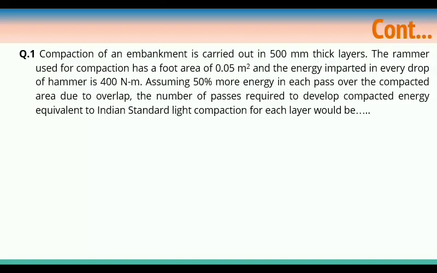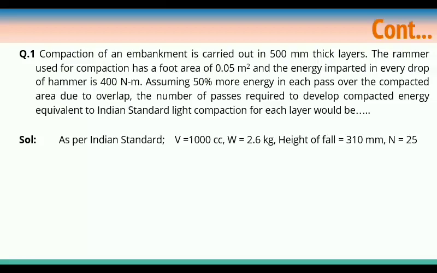First, understand the question. It says there is a 500 mm thick layer in the embankment, and they are relating it to the Indian standard light compaction test. For the Indian standard test, we have this data: volume of the mold is 1000 cc, weight of hammer, height of fall, and number of layers is 3.